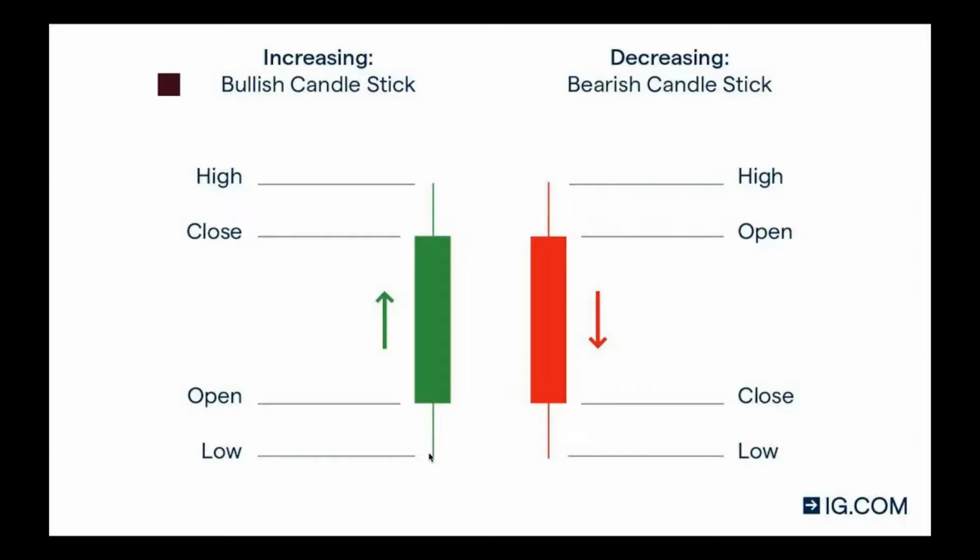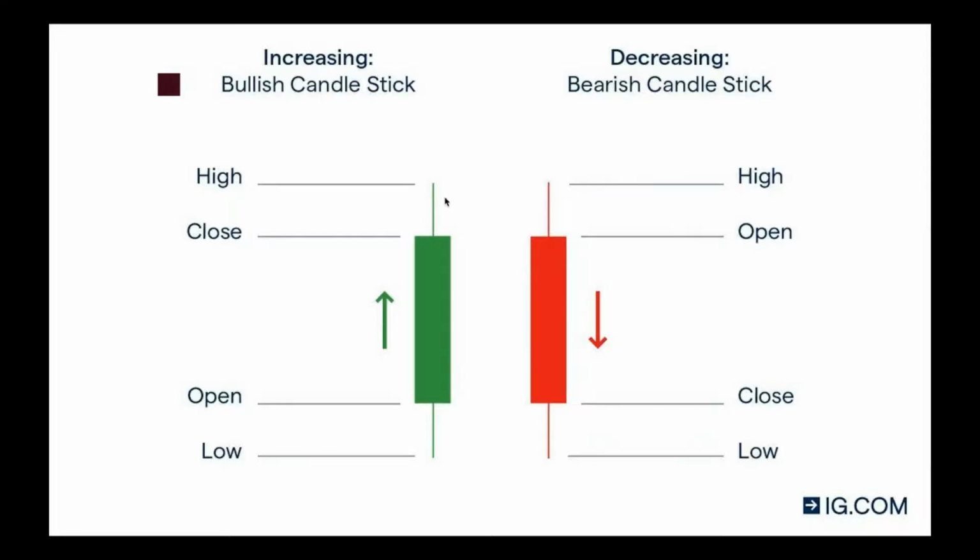That is also what we can call the wick of the candle. So what happens during the period of time is the buyers enter the market. They try to buy the stock, so the price of the stock goes up, till the high price.